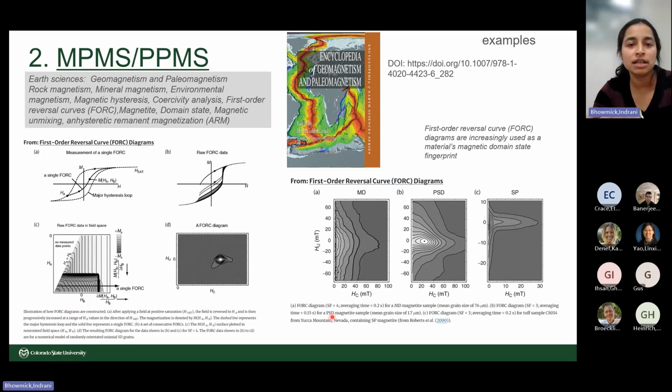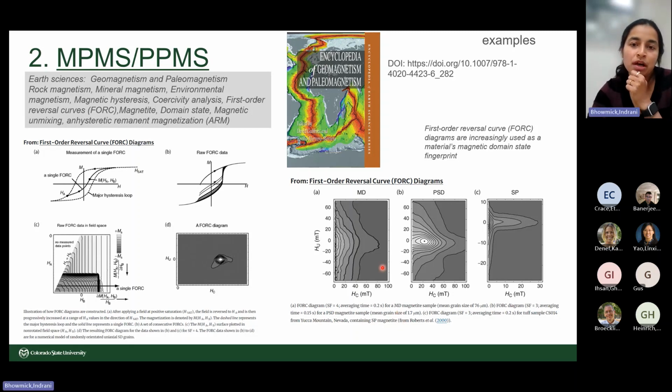It's not that the sample is exactly the same size. The mean size is that, and they have this sample, and then they create this diagram by using a series of hysteresis curves, and that is used as a fingerprint. In Yucca Mountain in Nevada, they got a sample and found that it has single domain magnetite particles in it.